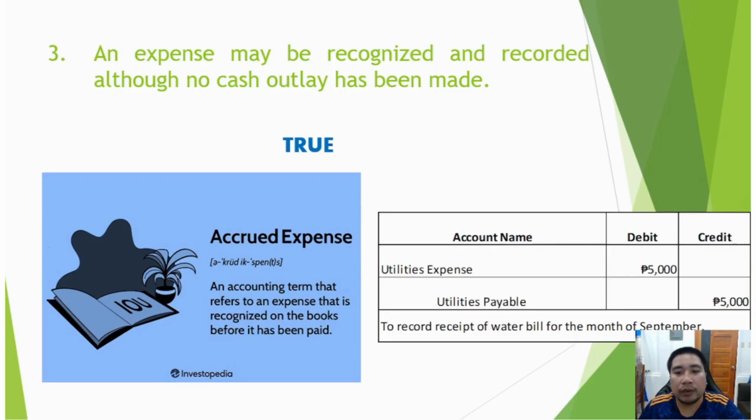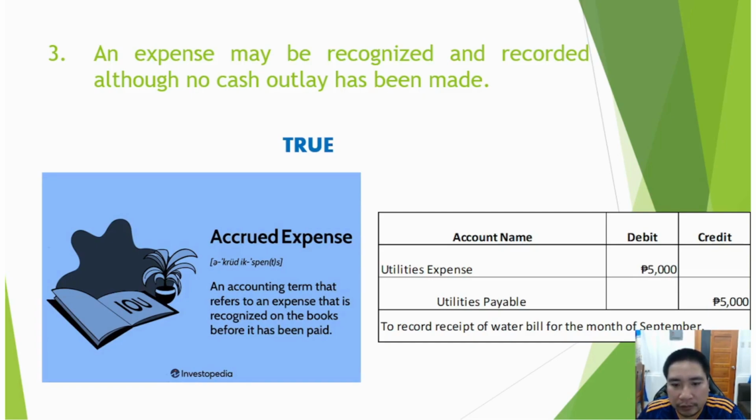A very good example of this would be the recording of utilities bill, or in particular a water bill for a given month. So you record the amount of expense that you incurred for that month, but you do not necessarily pay that bill at the end of the month. In fact, it is normal practice that you pay your bill a couple of days or maybe a couple of weeks after the end of the month.